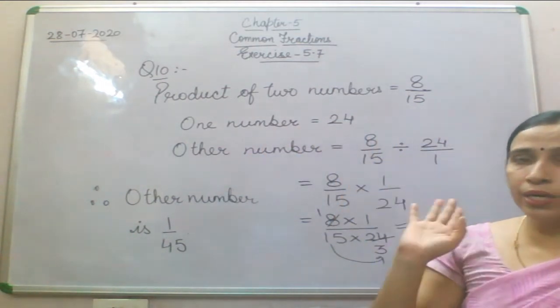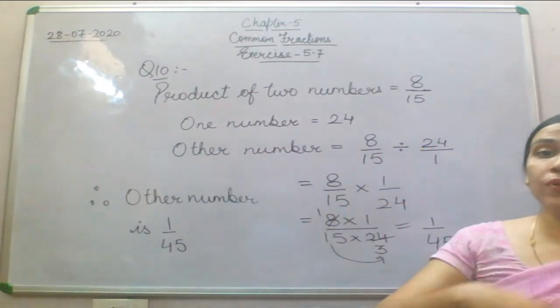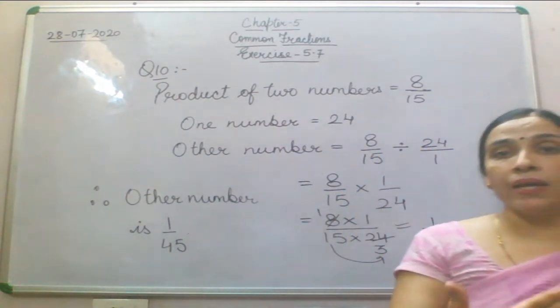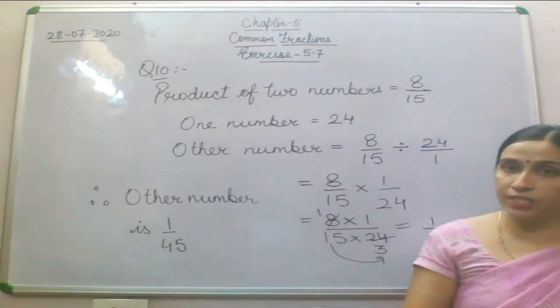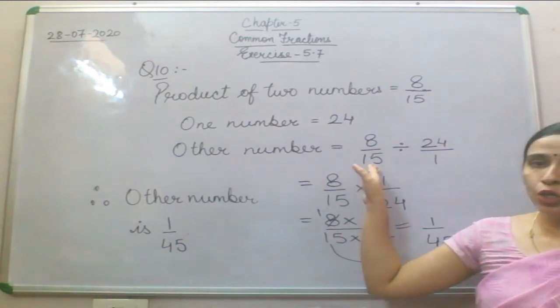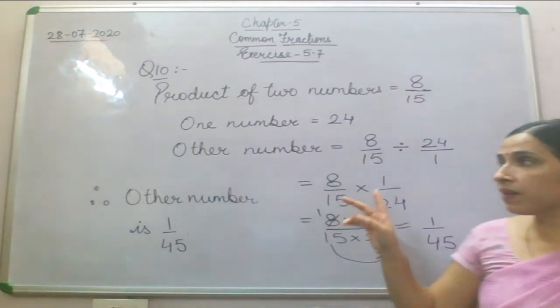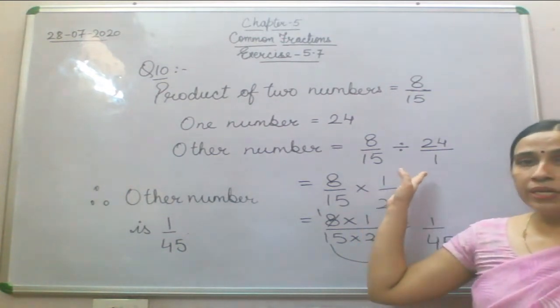One number, what is it? 24. And the other number you now have to find. Whenever the product is given, the other number you find by division only. So this 8 by 15, which is the product of two numbers, will be divided by 24.